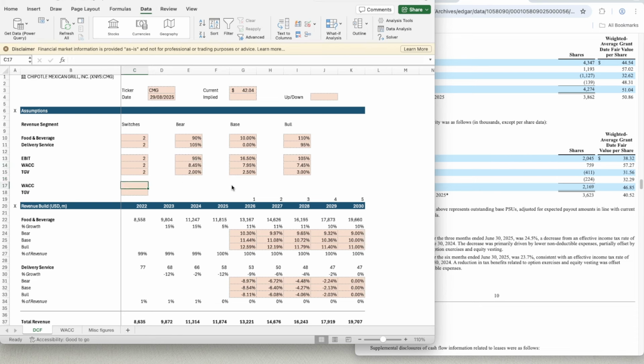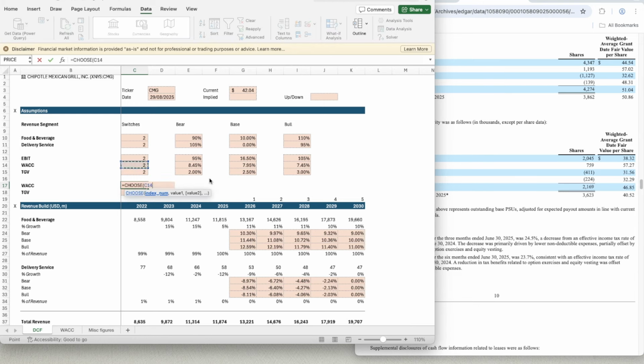There we go. And we go down here afterwards to the second WACC box, choose, and we say select these four in the correct order. No, that didn't work.